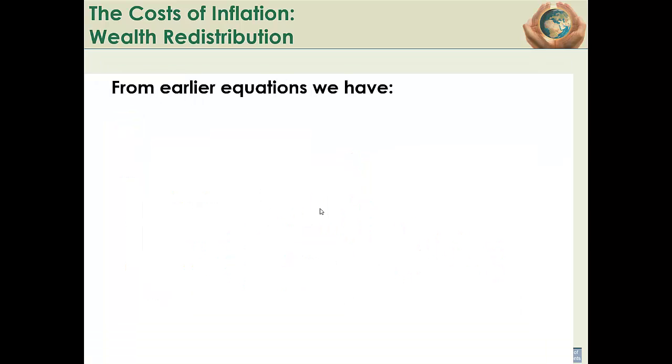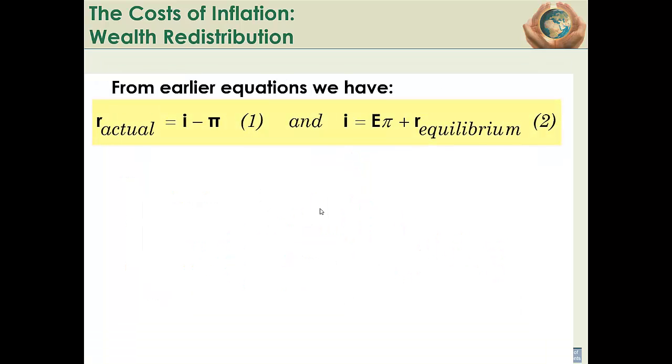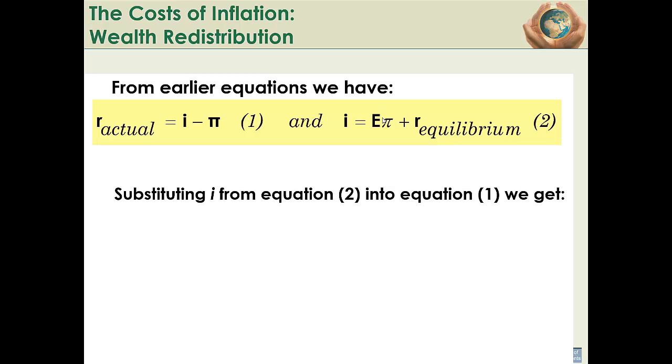Now, from earlier equations, we have the following. The actual rate of return is equal to the interest rate less the inflation rate. And based on the Fisher effect, banks will set those nominal rates by adding together the equilibrium interest rate, which is set in the market for loanable funds, plus any expected inflation rate. If you substitute i from this equation into equation number 1 and do a little rewriting, we get the following expression.